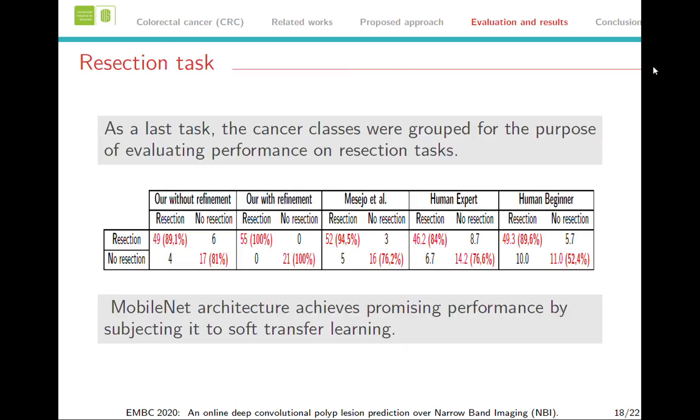The last task was developed as a resection method, where the cancerous classes were grouped. For this task, the MobileNet architecture was used, showing promising results.